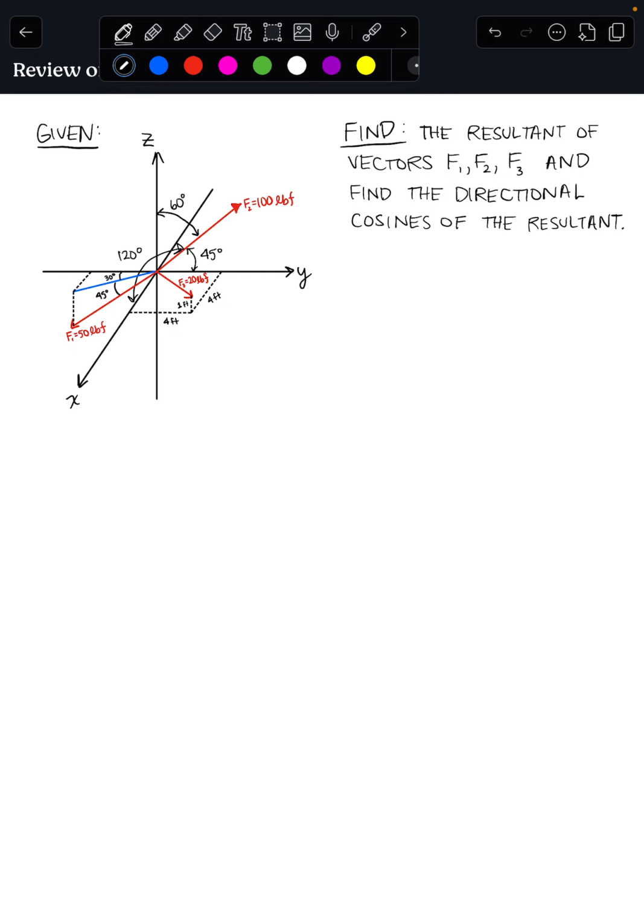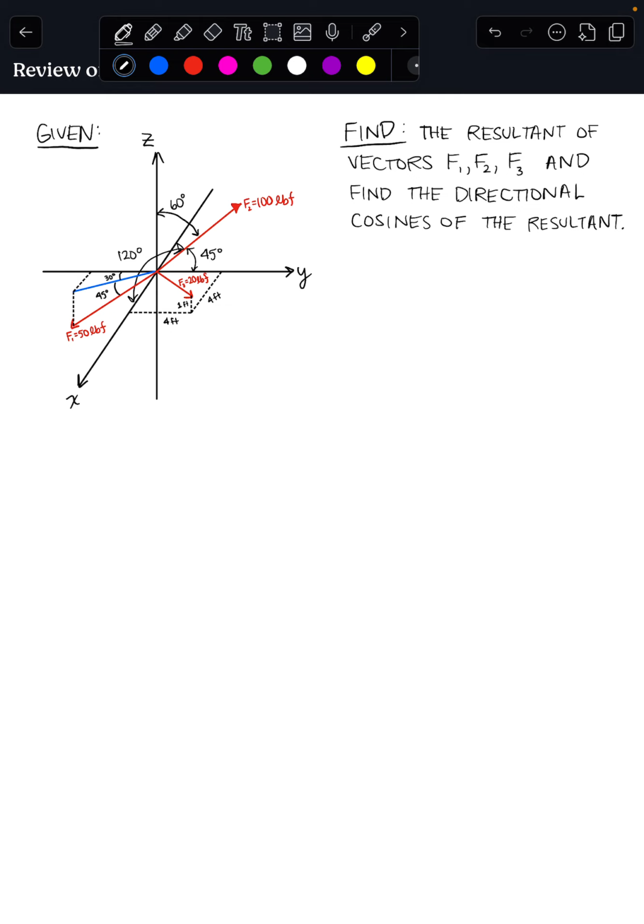Let's start with F1. So for F1, the first thing to recognize here is that these are spherical coordinates. I recognize that these are spherical coordinates by recognizing that we're given this altitude angle, which is this 45 degrees, and we're given an azimuthal angle, which is this 30 degrees, right? So the angle that F is making with the XY plane and with an axis in the XY plane.